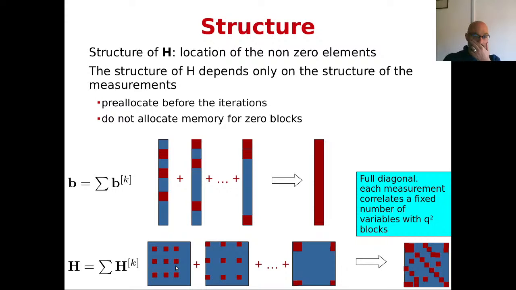But actually most of them are on the diagonal. In general, you will have a dense diagonal, but a very sparse structure in the upper part.